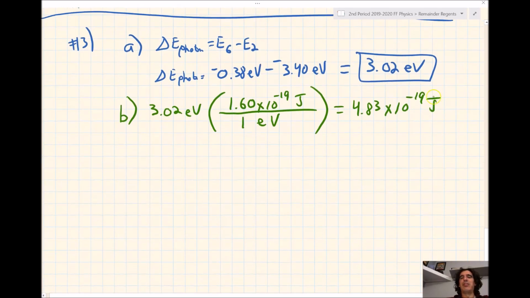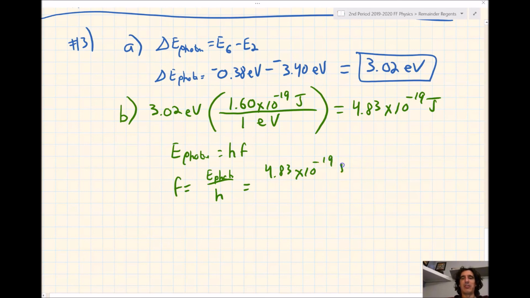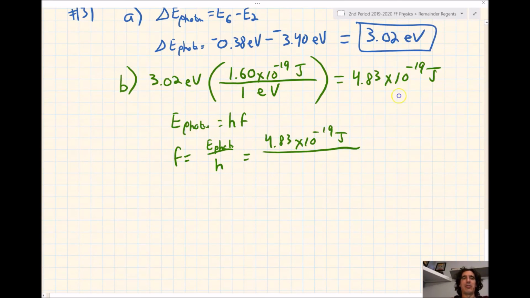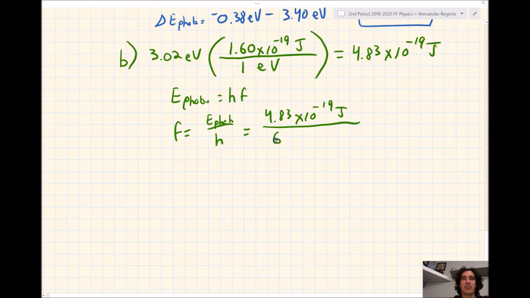Now that we have the energy in joules, we can calculate the frequency. E photon is equal to hf, so f is E photon over h. Plug and chug: E photon is 4.83 times 10 to the negative 19 joules, all over h, which is Planck's constant, 6.63 times 10 to the negative 34 joule seconds.